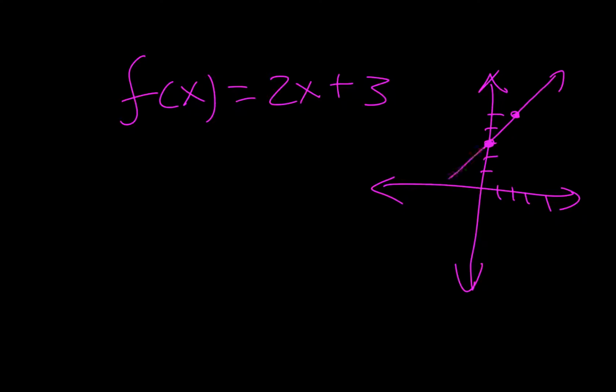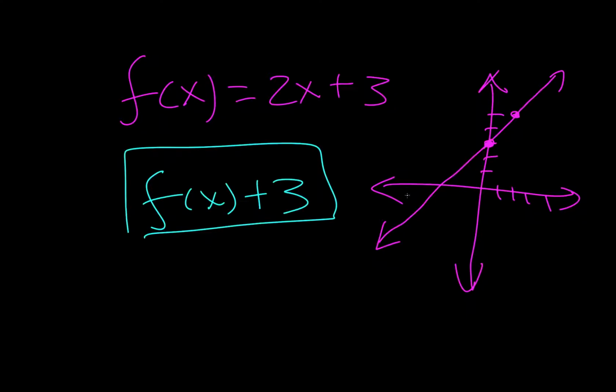Okay, so if we're given that on a graph, it's asking us, what would f of x plus 3 be? So it doesn't want you to regraph this or anything.